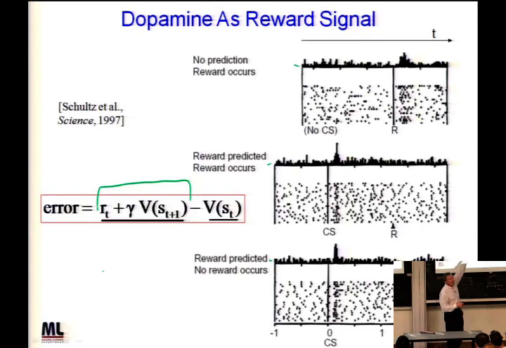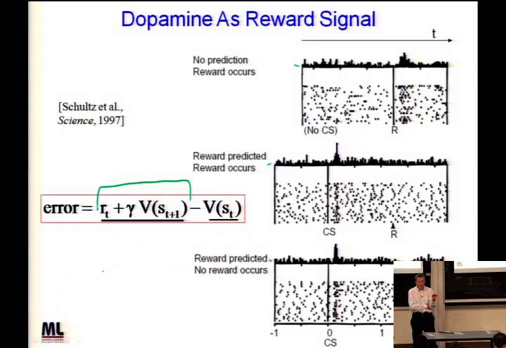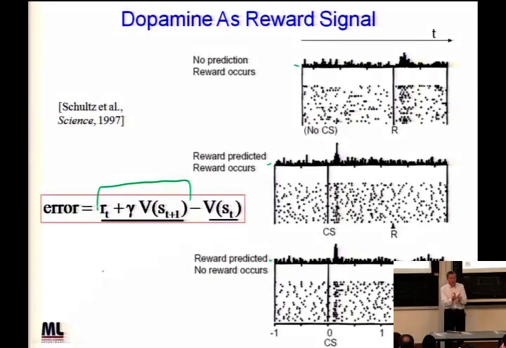So think of the first one. The first panel up at the top, the monkey doesn't know that sugar's coming. It's just sitting there waiting, then bang, sugar comes. Wow, that's good. So the state right before that, it should be anticipating, well, eventually, on average, I get some reward, and then bang, here it is. Oh, so there's a surprise. Right at time t, it had a rather low expectation for its discounted sum of future rewards.